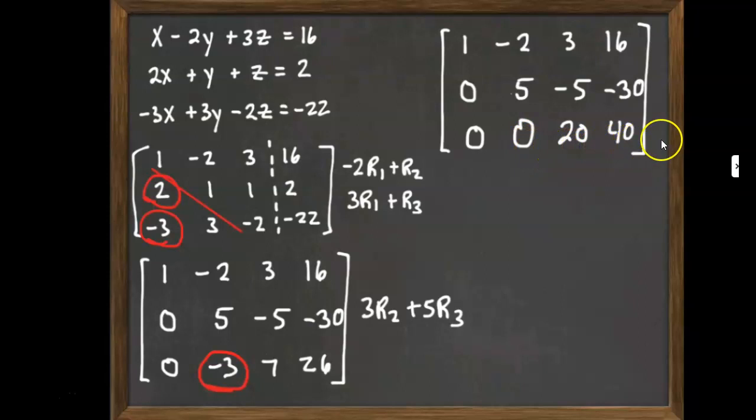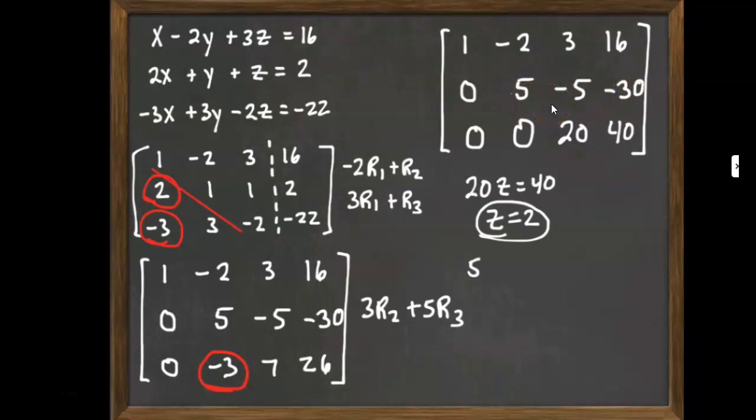So we start in the bottom row. And we have 20z equals 40. And we can divide both sides by 20, and we get z equals 2. And now once we know z, we can go up to the second row. Now I'm going to cut a little writing down here. This is 5y minus 5z equals negative 30.